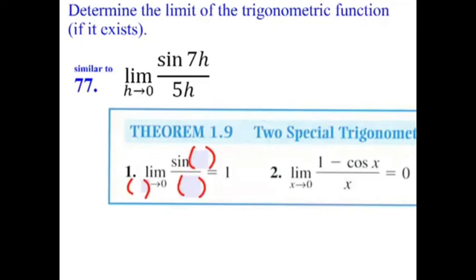Again and again I have told you in the class that these three things must be same, then only I can set the limit to 1. So, see, if it is 7h in the numerator, I must have 7h also in the denominator. Look at this, this is 7h, this is 7h and this is 7h, then only I can write the things to be 1, right?